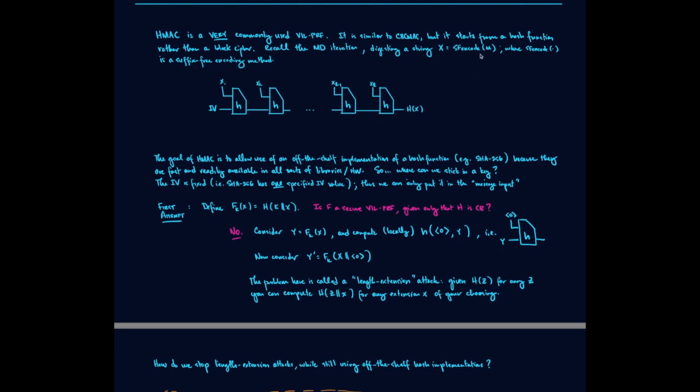So if you have any suffix-free encoding of your input M to produce a string X, then you process X by breaking it into appropriately sized blocks. I think we talked about these being B bits and these being N bits. So you break X into B bit blocks, and starting from a fixed value IV, you process using this compression function H, which maps B plus N bit strings to N bit strings. You iteratively call that to get your hash output.